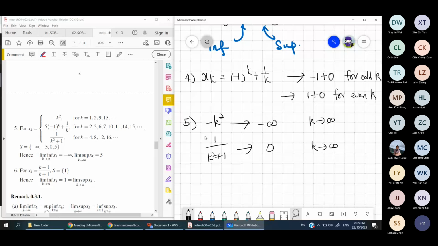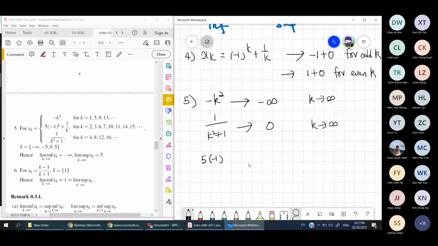Okay, we look at the one in the middle, 5 minus (-1)^k plus 1, which is similar to this. And (-1) to the power of k depends on whether k is even or odd.